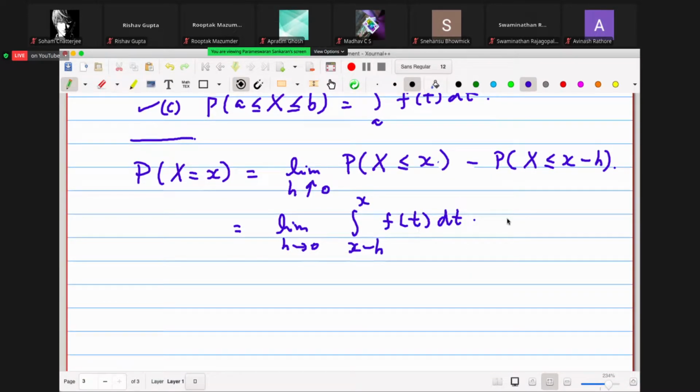But this goes to 0 as h goes to 0 for integrable functions.